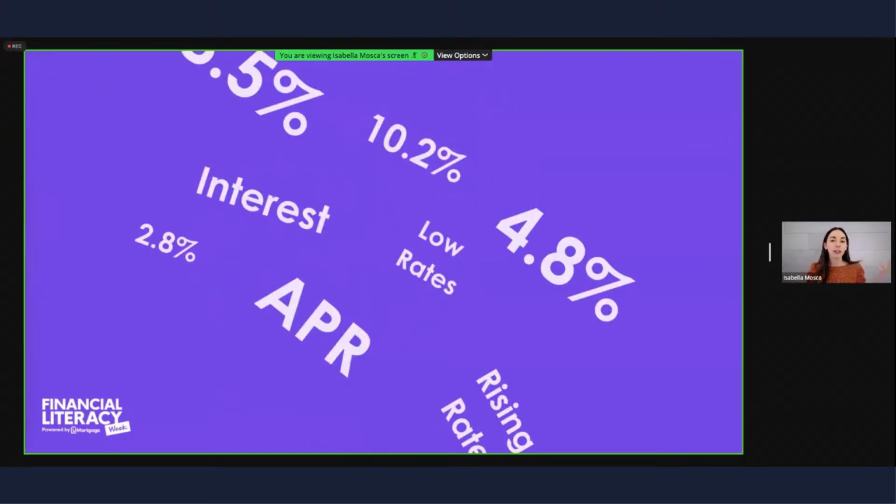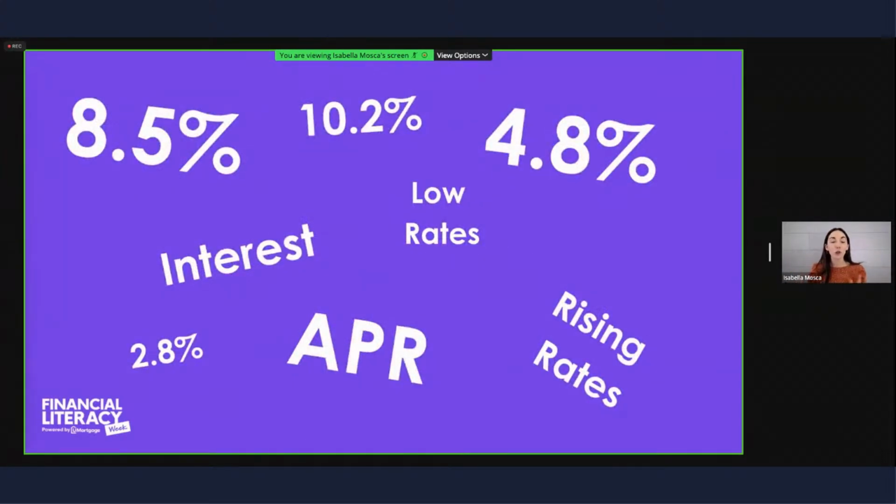Interest, APR, the rates are rising, then they're falling. There are so many different percentages. It can be dizzying, just like all of the information that just entered your screen. But what does it all mean? The good thing is we're going to break this down over the course. In the chat, I want you to share what you think you know about these topics or what comes to mind. It could be anything. Maybe what you know about interest from your credit cards, or what you know about APR and how rates can fluctuate.